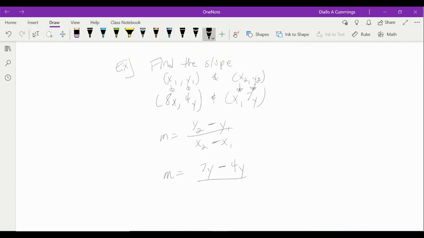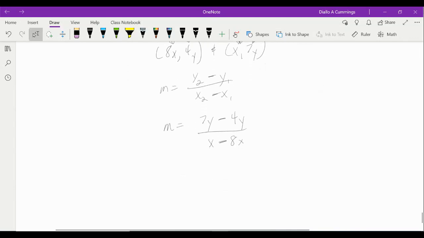That's divided by x sub 2, which is x, minus x sub 1, which is 8x. So once we simplify, we have 7y minus 4y, which is 3y, divided by x minus 8x, which is -7x. So we have a slope of 3y divided by -7x.